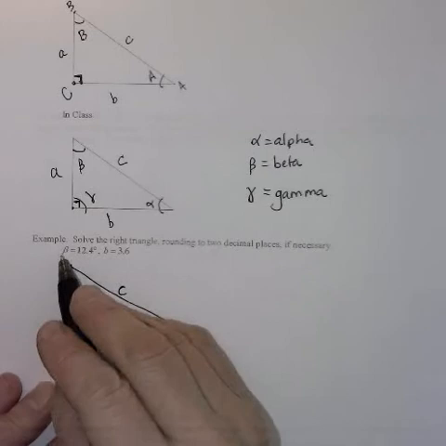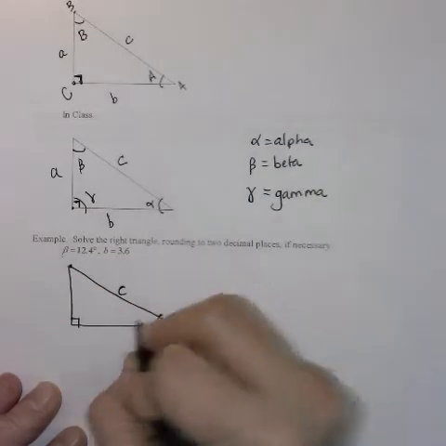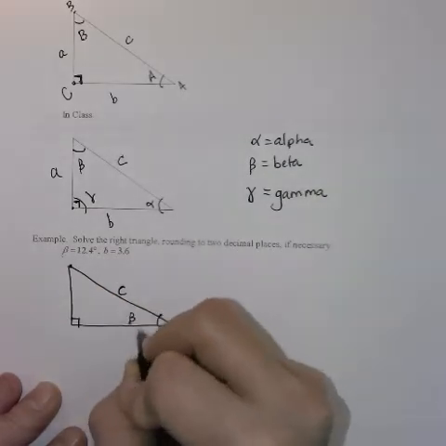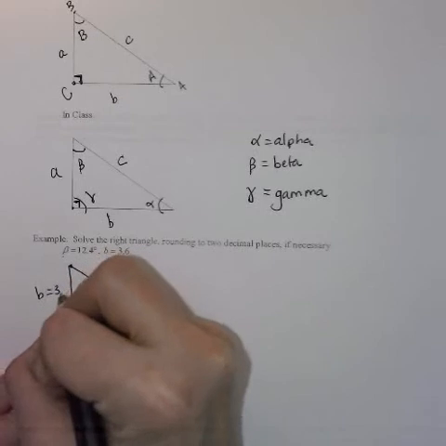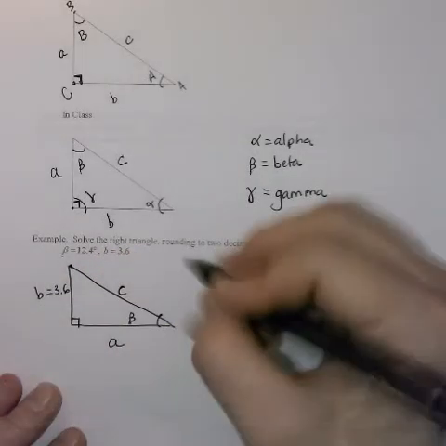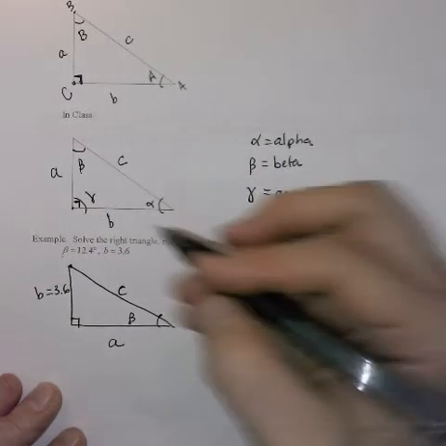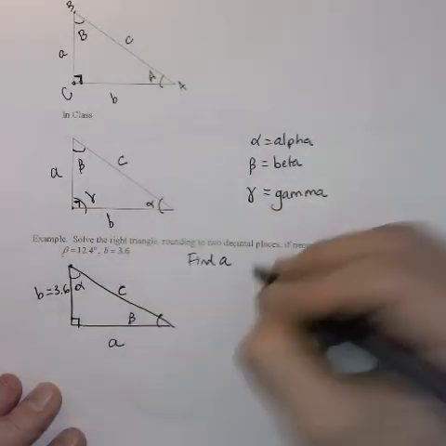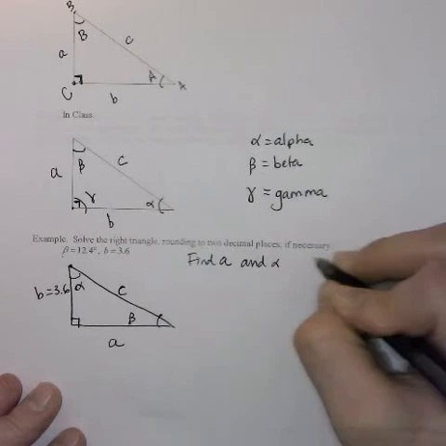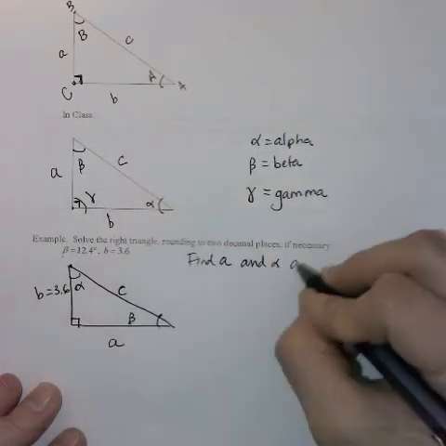Beta is 12.4 degrees, so let's just say this is beta. And then b is 3.6. So we need to find a, which means the side a, and we need to find alpha. Oh, and c. A lot of ands there.